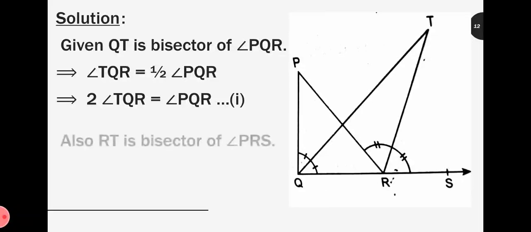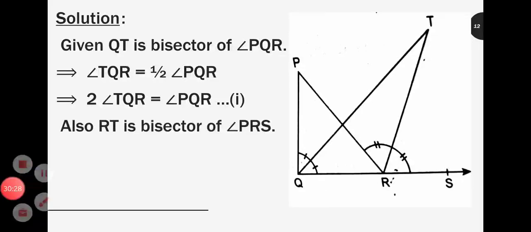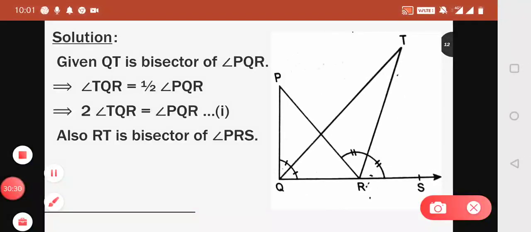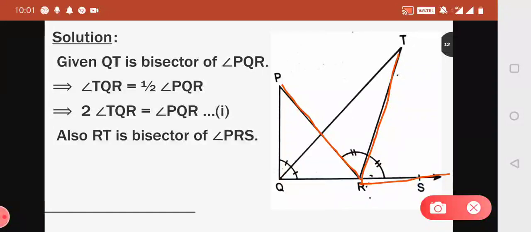Now again we have another bisector, that is RT is the bisector of angle PRS. Similarly, we will get angle TRS as half of the whole angle PRS.